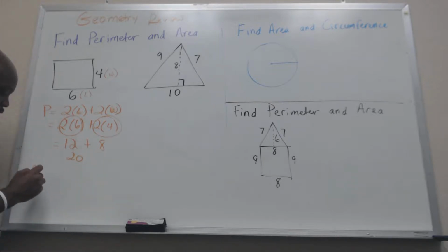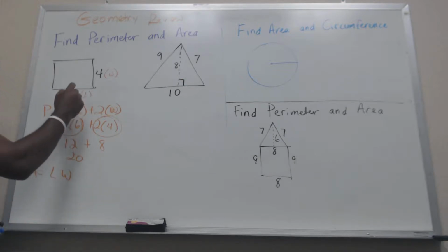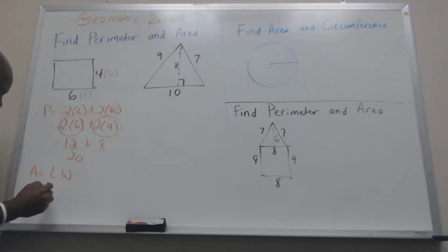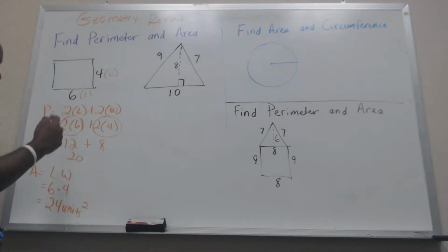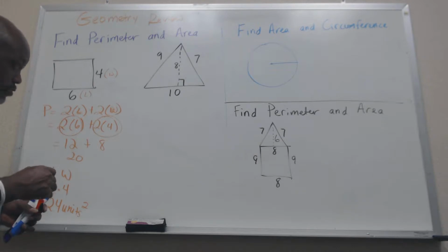The formula for area is length times width, and we're going to replace the length with 6 and the width with 4, therefore leading us to have our area be 24. We don't know what the units are, so we just say units squared.